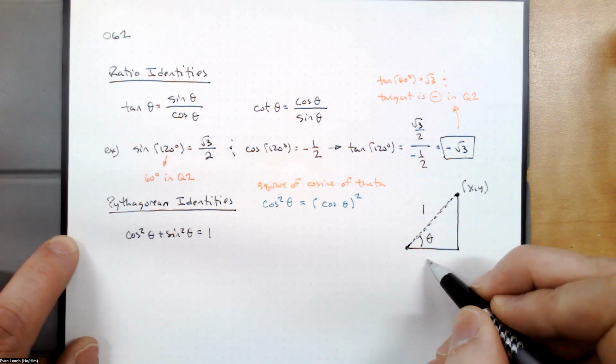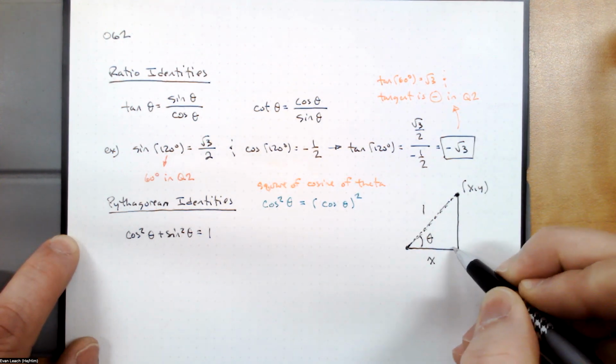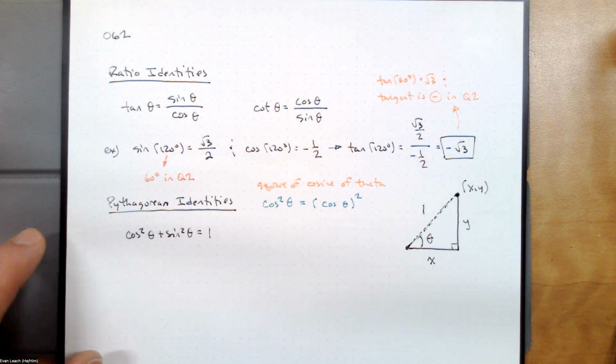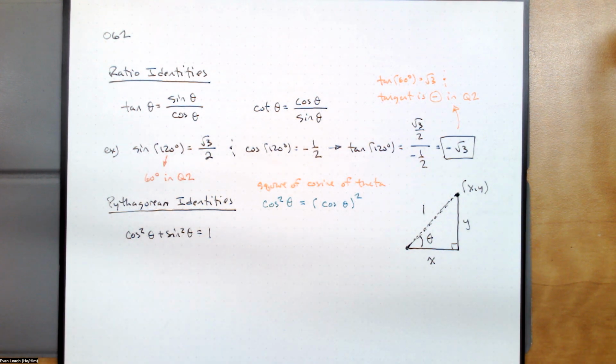The adjacent side is x. The opposite side is y. In this scenario, the cosine of theta is x over 1. The sine of theta is y over 1.